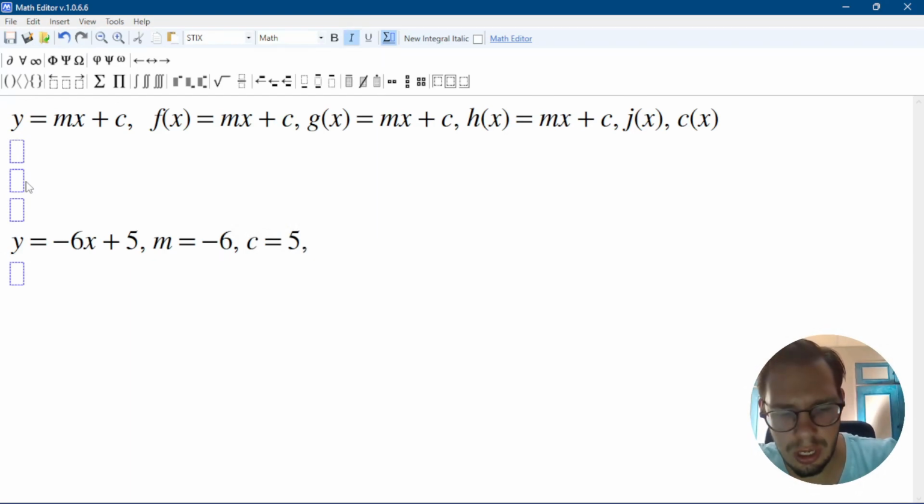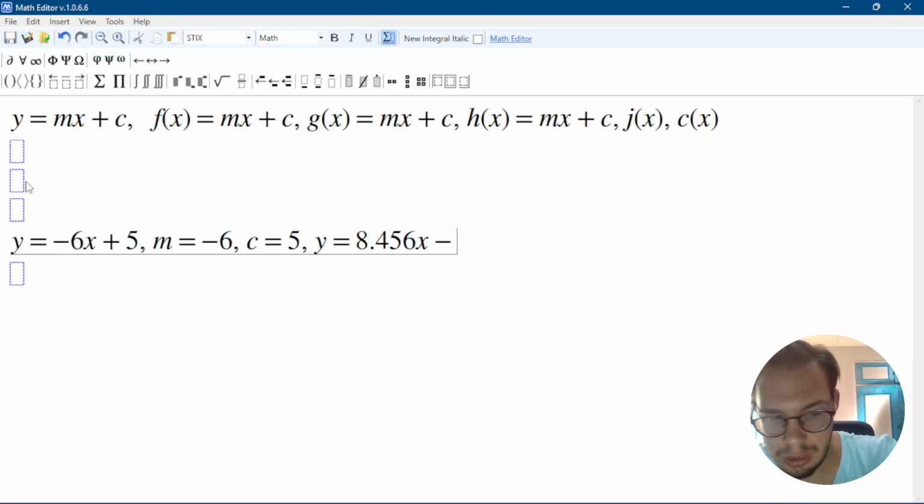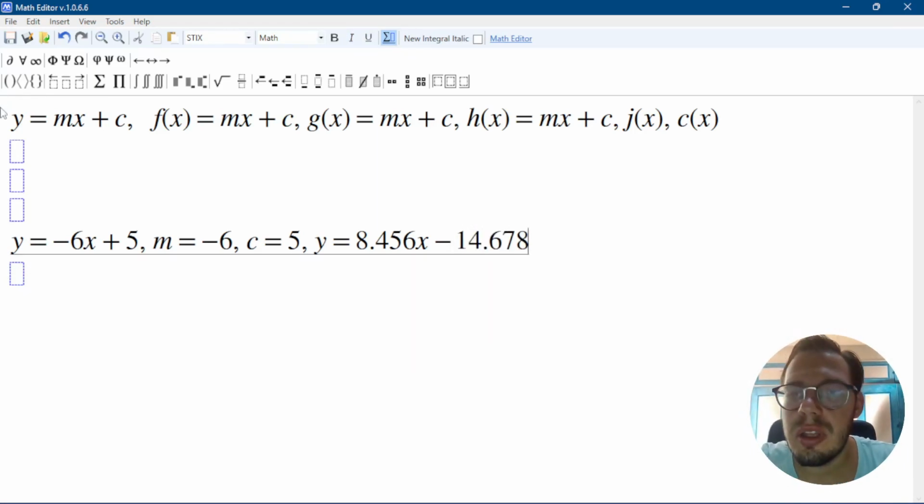But you can also have y is equal to, let's say, 8.456x minus 14.678. So this type of function here is just a little bit more difficult to graph. So I'll do an example where the m and c are not whole numbers, but usually they are.